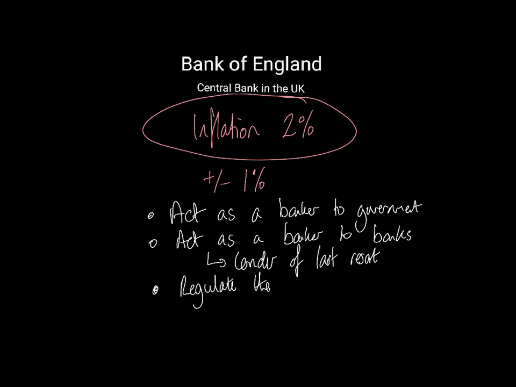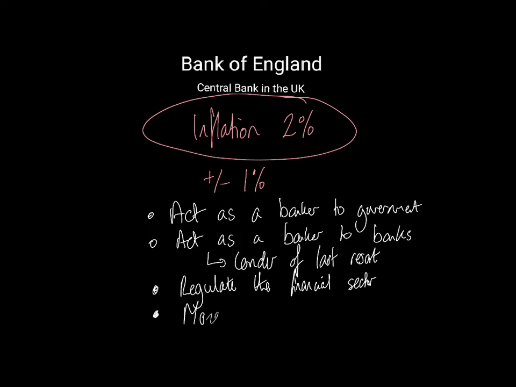The other role, which again has become much more important since the financial crisis, is the role of the financial sector regulator, to make sure that the banks and so on are behaving in accordance with the rules of the financial sector. They do other things as well.